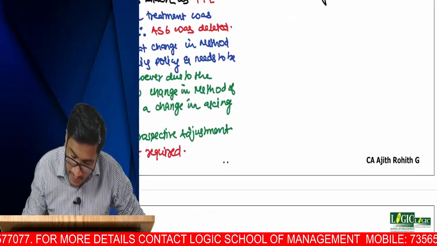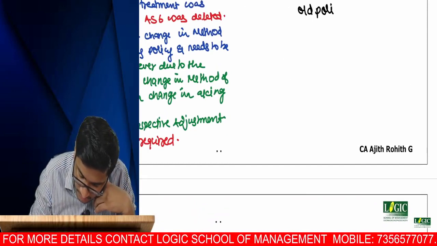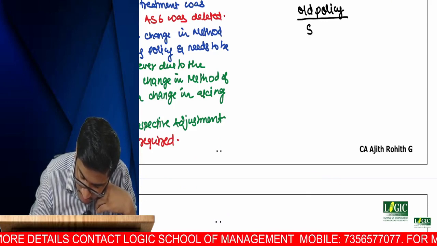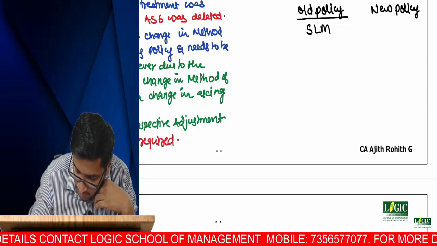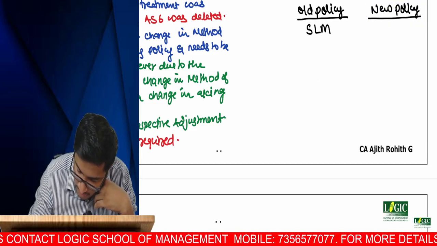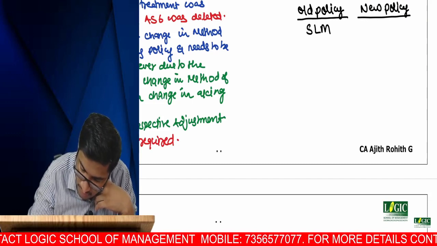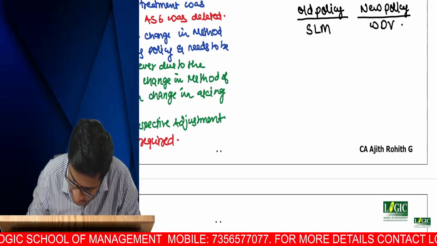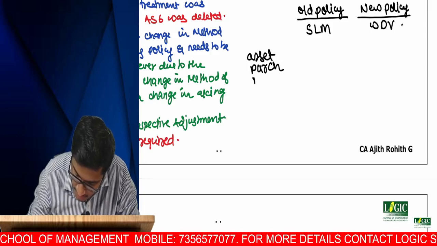Okay. So what we have to do? What is our old policy? SLM, isn't it? What is our new policy? WDV. Okay. Asset purchased on 1st of April.